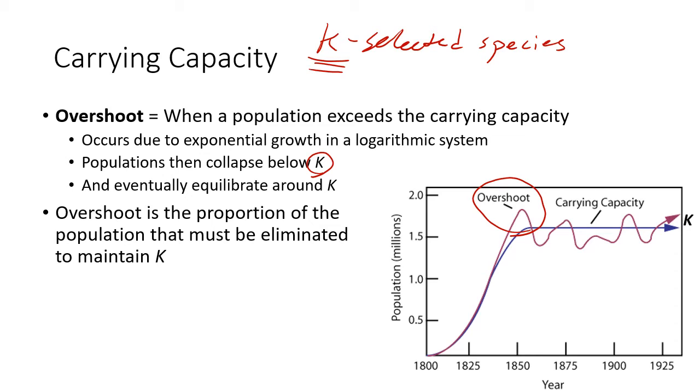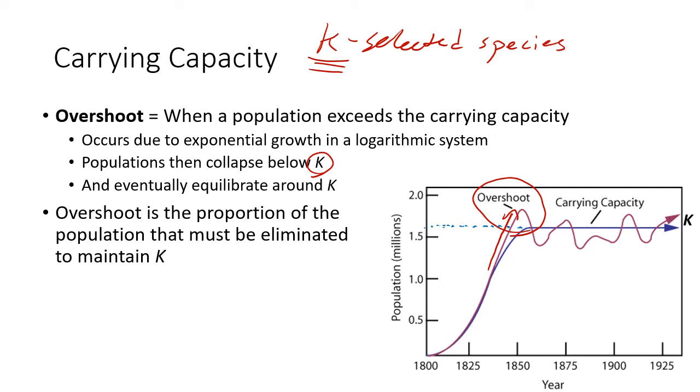We have to limit our breeding so we don't overgraze the area. They don't do that. So they often overshoot the carrying capacity, in this case of 1.6 million or thereabouts, and consequences can occur. We'll get to those consequences on the next slide.